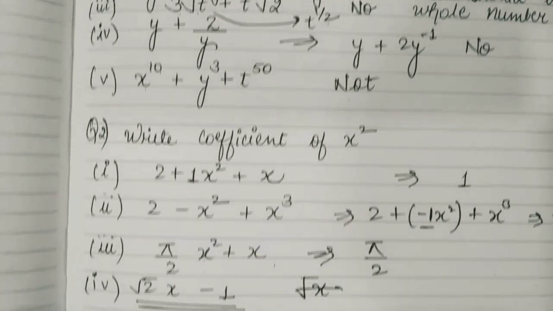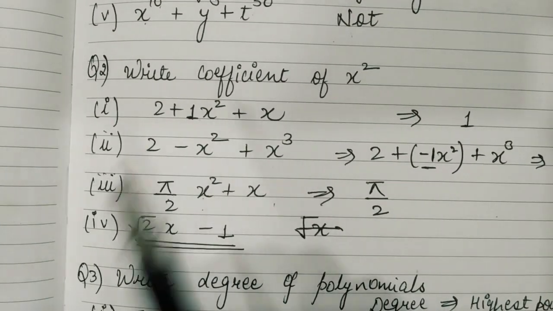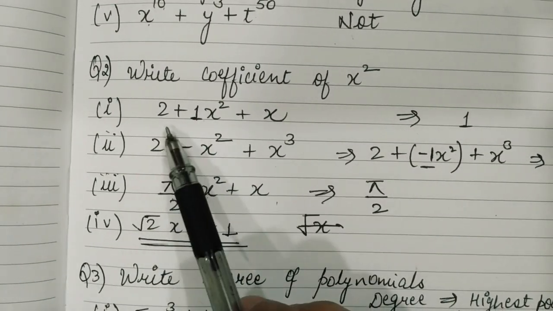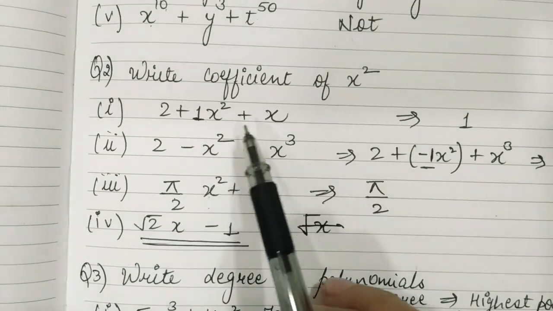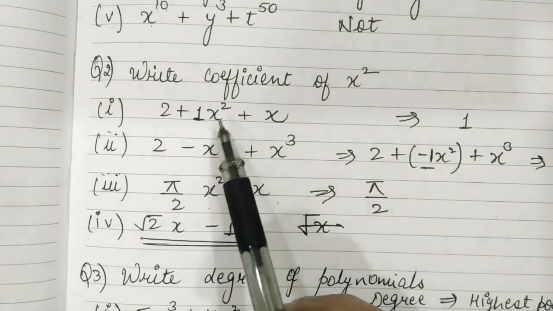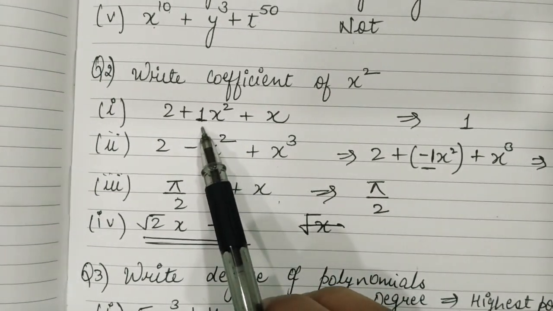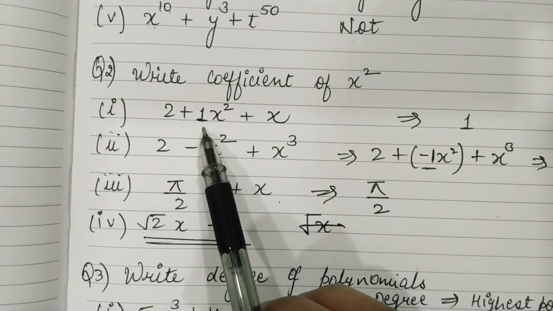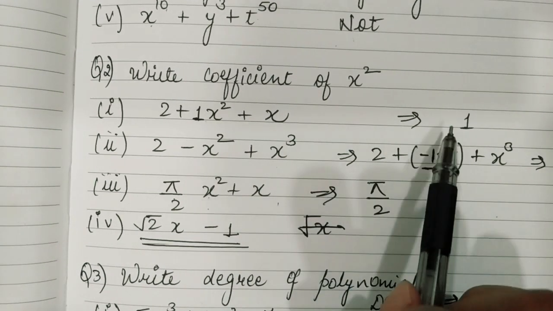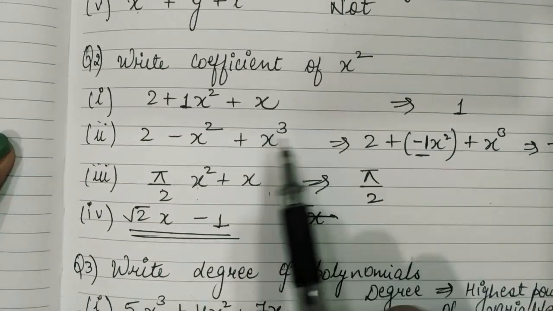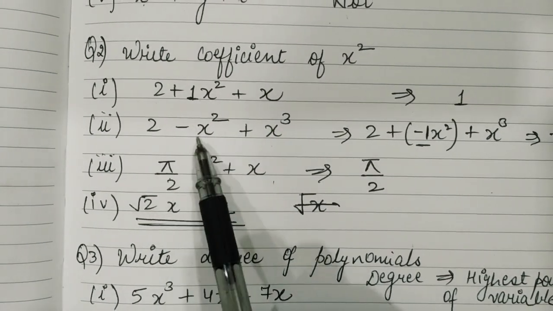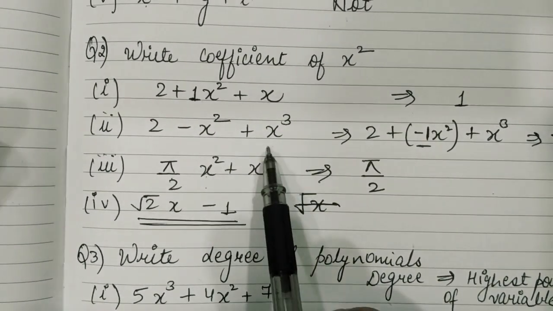In question number 2, it is asked to write the coefficient of x squared. Here, 2 plus x squared plus x. So the number written along with x squared is 1. So the coefficient of x squared will be 1. Next is 2 minus x squared plus x cube.